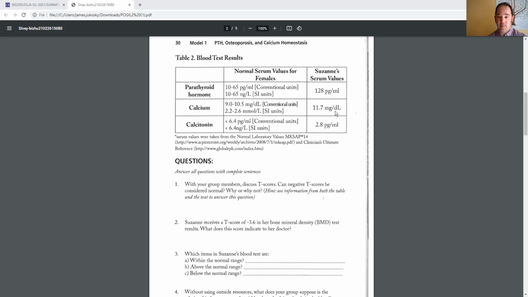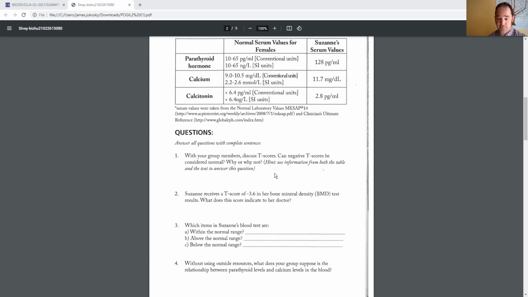She's also a little bit above the normal range for calcium at 11.7 milligrams per deciliter, a little high there. The normal range for calcitonin is less than 6.4 picograms per mil. So these two are above the normal range. Calcitonin is within the normal range. It's supposed to be low. And nothing here is actually below the normal range.